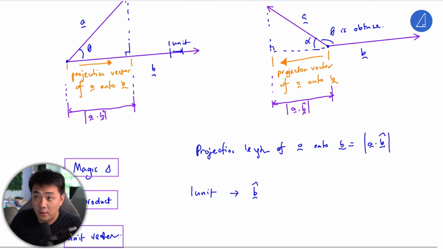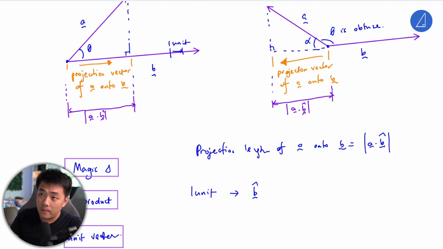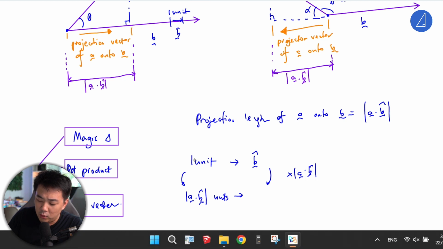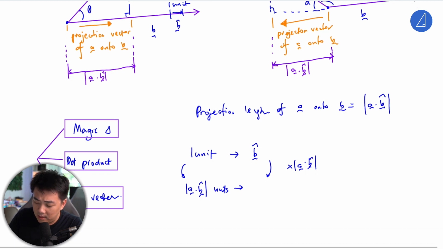That's the definition of a unit vector: if you cut out one unit, that would be the vector which corresponds to one unit. So if I have a projection length, the number of units is mod A dot B unit vector. I can be sure that this will just be multiplied by the length itself. If it's 2, then you just multiply by 2 units, but in this case it is this many units here, so we get A dot B unit vector. This is important.